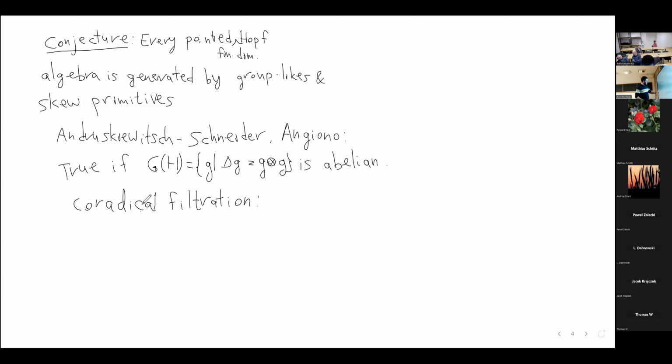I'm not going to define it exactly. I will just mention that the first level of this co-radical filtration, H0, is just the group algebra of the group-like elements, kG of H. In H1, I also have the skew primitives.